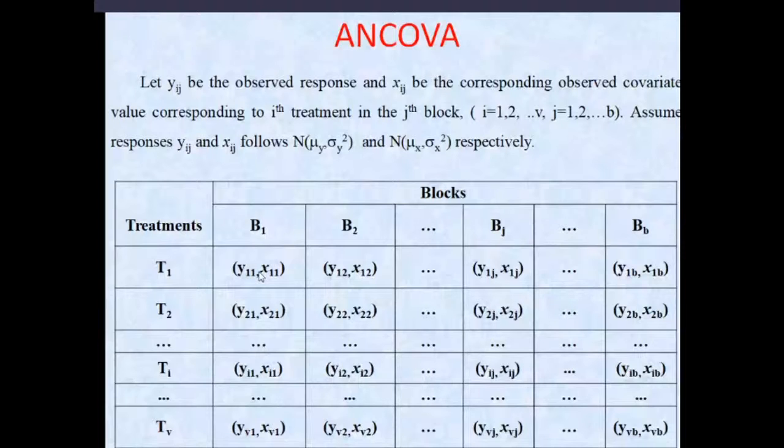So there are V treatments and B blocks. It is not only just like a two-way classification; you can also express it in one-way classification. First treatment, second treatment, third treatment, and so on. There is no concept of blocks also. In that case, maybe some unequal observations, just like simple analysis of variance one-way classification.